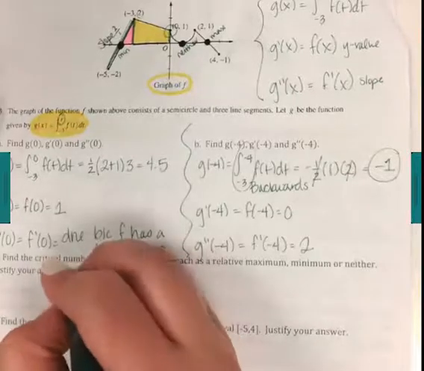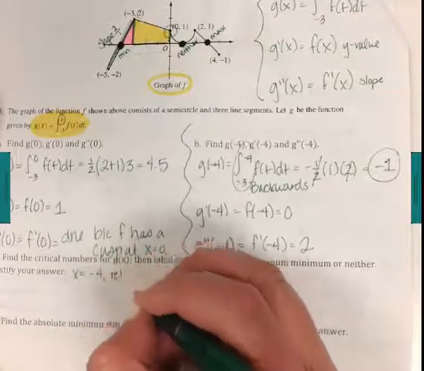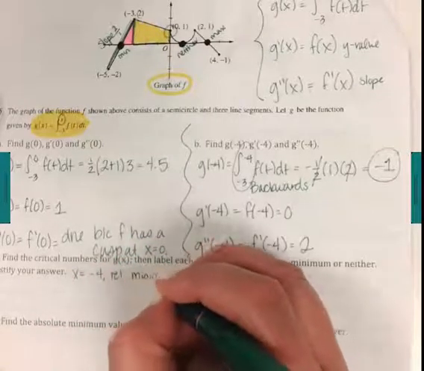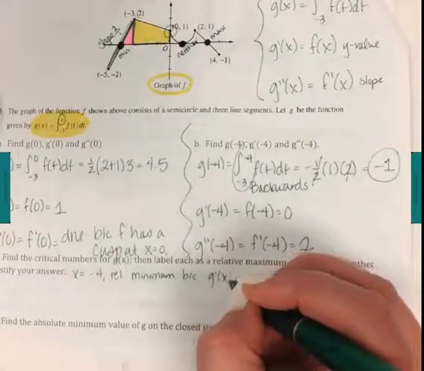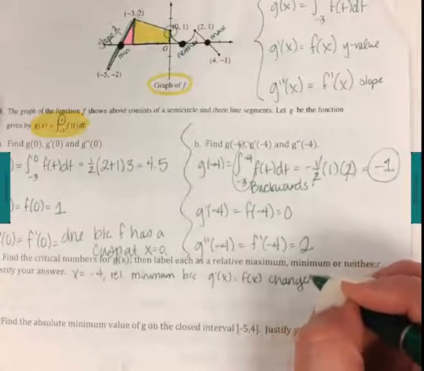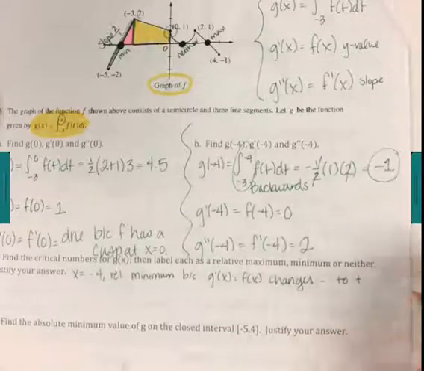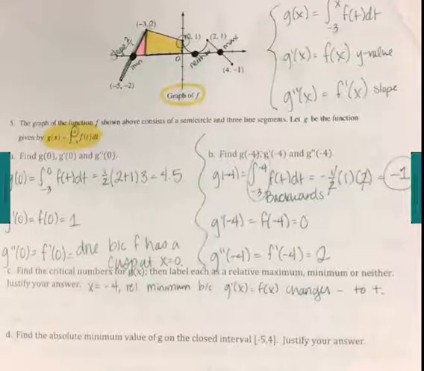So I would put x equals negative 4. That is a relative minimum, because g prime, which is really f of x, changes from negative to positive. So it's very similar, hopefully, to what you already know how to do from semester 1.